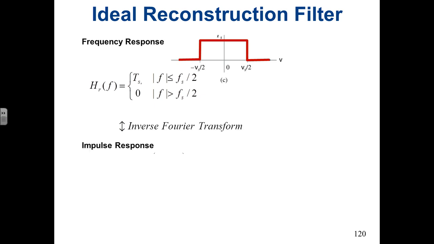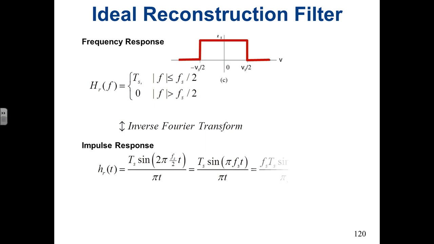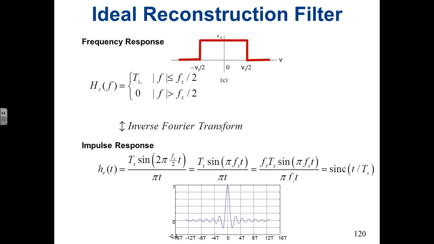In terms of what that would look like for its impulse response, we'd have to take the inverse Fourier transform of this shape, which is effectively a rectangle, and the rectangle's inverse transform is a sinc function. So we would expect the impulse response of this ideal reconstruction filter would be a sinc function, specifically sinc of t over T sub s, where T sub s is our sampling interval.